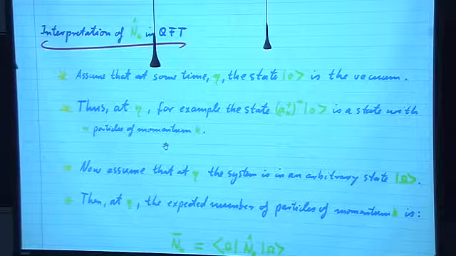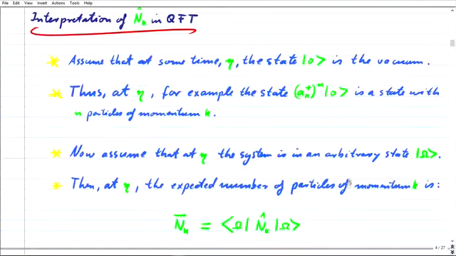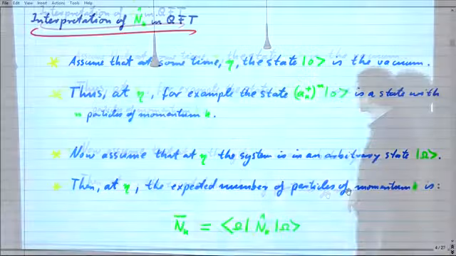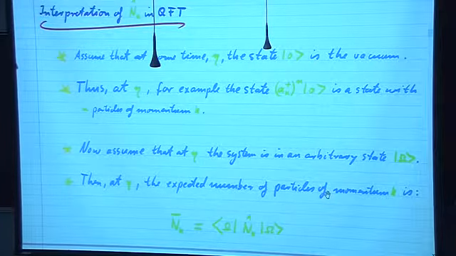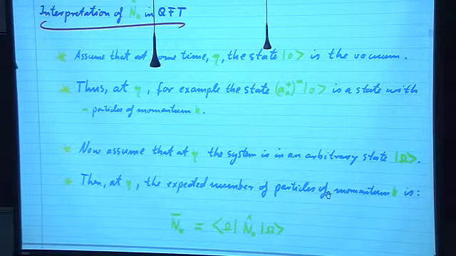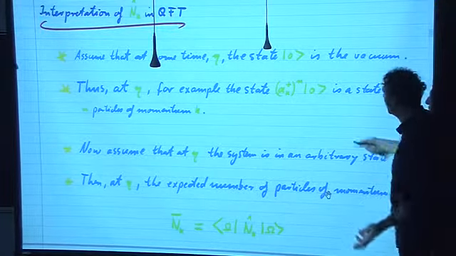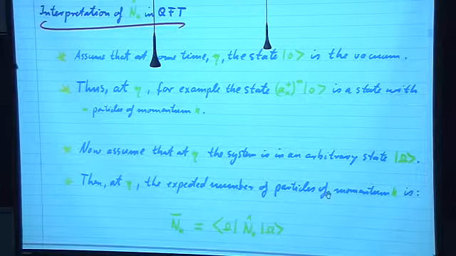Now, assume that at the time eta, the system is neither in its vacuum state, nor is it in an n-particle state, but instead assume that the system is in an arbitrary state omega, which is a linear combination, of course, of the vacuum and the states of definite particle number.